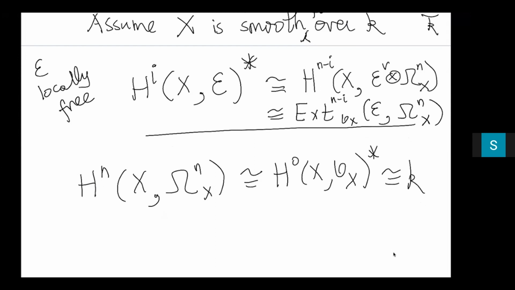This is one small simplification I will do, and it is not hard to show. Locally free is all I need, and then I can just bring it here. And so one can show that these two are isomorphic. It is this version which actually allows us to generalize things a little bit.